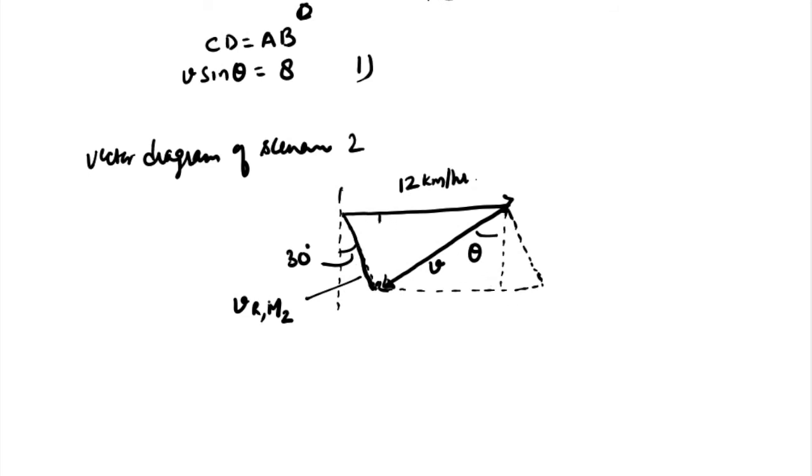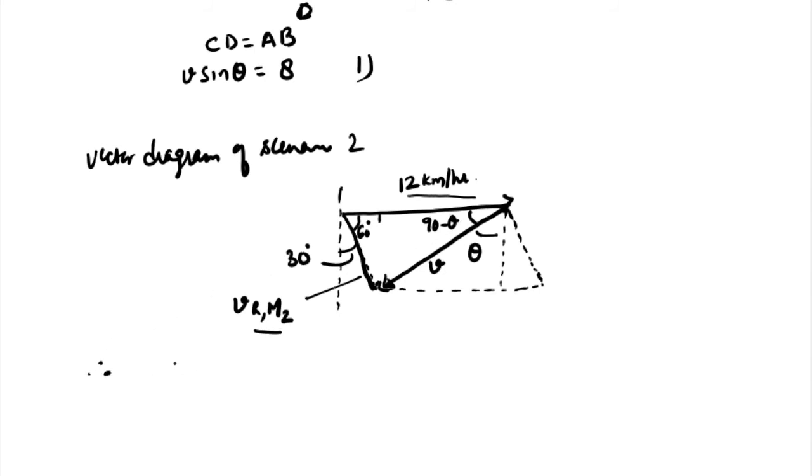That the component of this vector along the horizontal and the component of this vector along the horizontal, when added in magnitude, they should give us this velocity. That said, this angle is going to be 60 and this angle is going to be 90 minus theta.